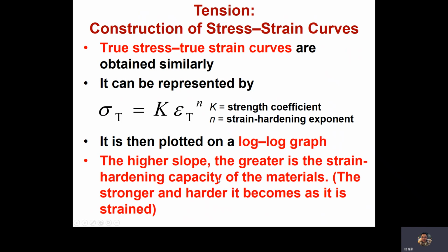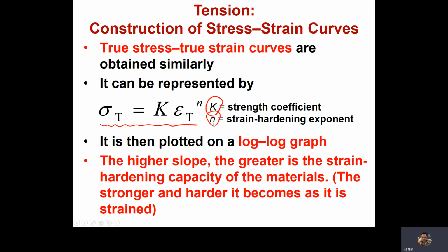So we can convert the engineering stress and strain to true stress and strain, right? And we already mentioned that, and by fitting we figure out this equation. There are two constants. One is K, called the strength coefficient, the materials constant. n is already mentioned, it's the hardening exponent.